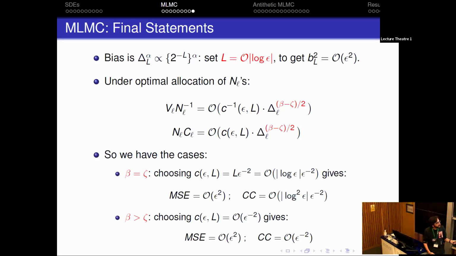Then you do the best you can do if you are using a Monte Carlo method, essentially. You are within epsilon from the correct thing with a computational effort which is epsilon to the minus 2. This would have been the same as if you could sample exactly from the original SDE, without any approximation error.